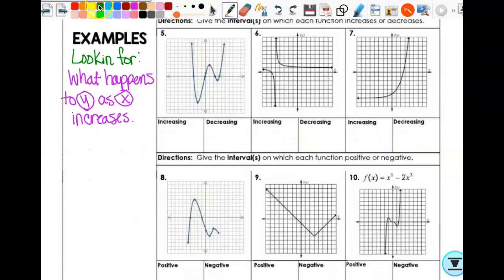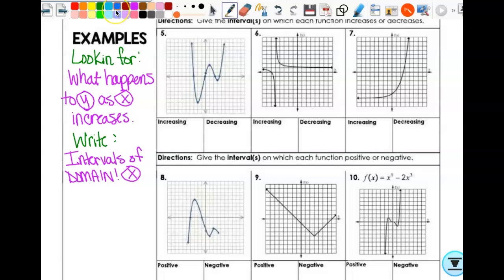Regardless of what that is, we write intervals of the domain, which is your x. So what is happening to y as x increases, and we write about x. And again, that's something you might have to remind yourself sometimes because you're going to want to do the opposite. Depending on what it is, sometimes it can get confusing.